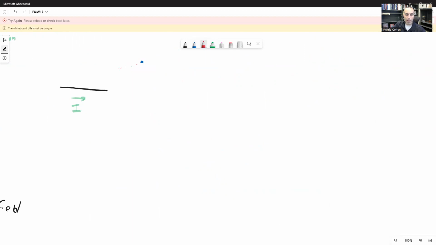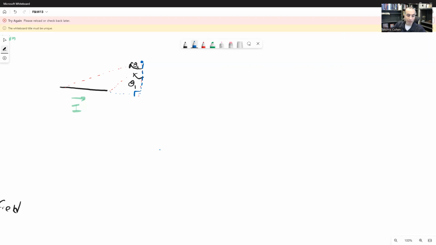From whatever this observation point is, you can define these 2 angles here. This angle is theta 1, and this angle is theta 2. This line right here, let me put that in blue, this dashed blue line over here is going to be perpendicular to the line segment itself.